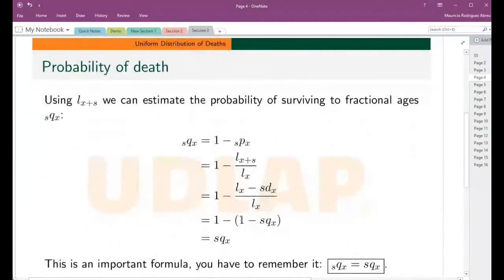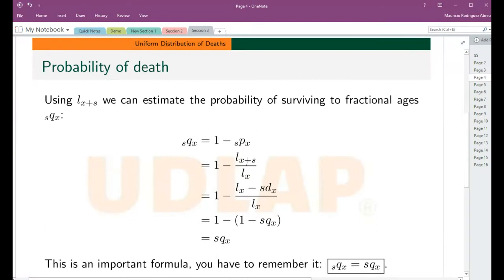So now, if we want to estimate the probability of death for people between ages x and x plus s, remember that s is less than 1. So this can be between ages 22 and 22.9, whatever. We just have to remember that the complement of this is 1 subtracting the probability of surviving. And this probability of surviving, we know the general expression is l_(x+s) divided by l_x.